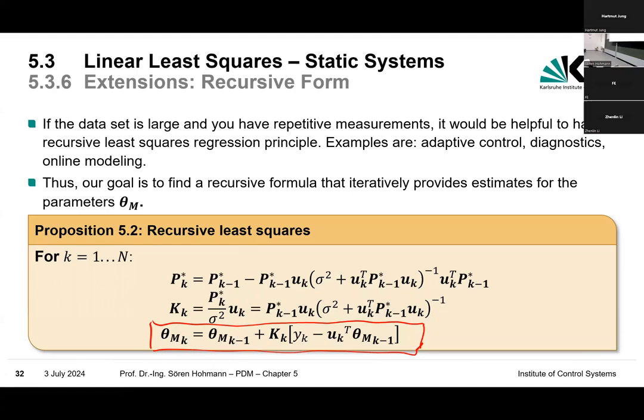For everybody who has not heard about that, the Kalman filter is a different strategy to estimate state variables, not to estimate the parameters, but to estimate the state of the system. It's like an observer in the multivariable control setting. And it uses the same principle.